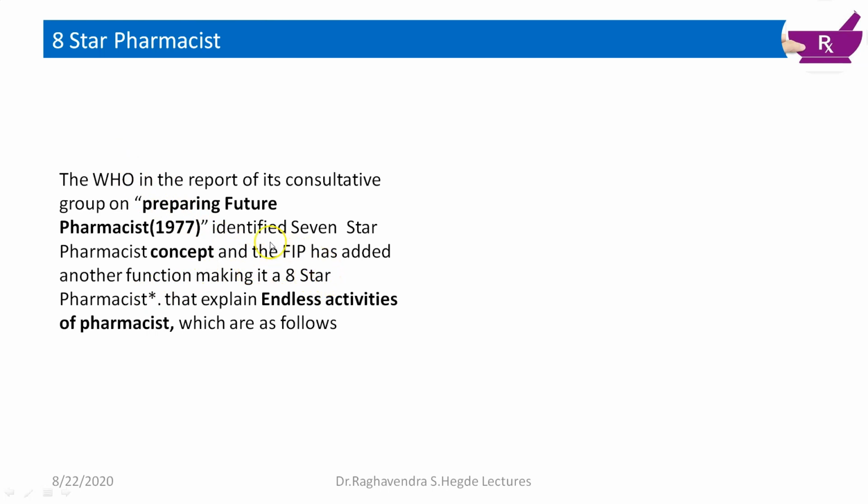Earlier, WHO identified the pharmacy profession into the 7-star pharmacist concept. FIP has added one more star, making it into 8-star pharmacist, which explains the endless activities of a pharmacist, which are as follows. Now we will see the 8-star pharmacist concept.